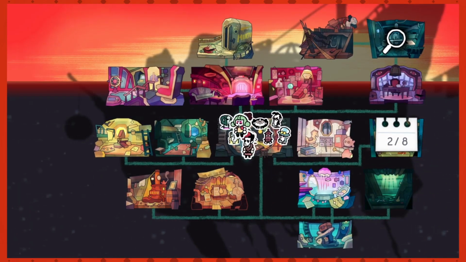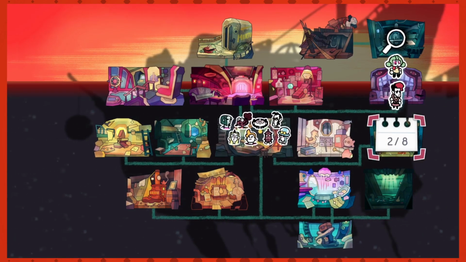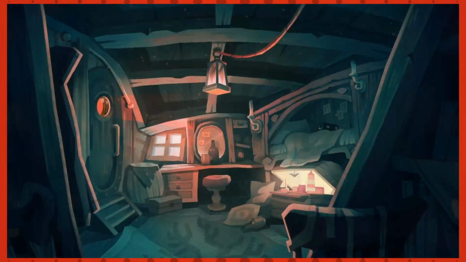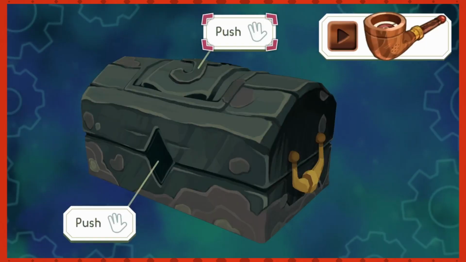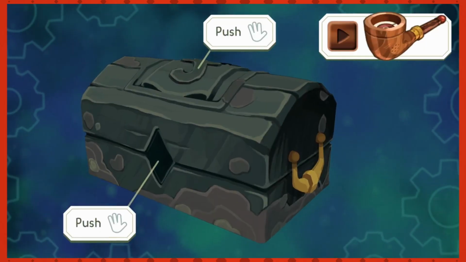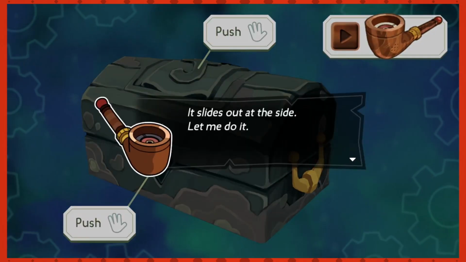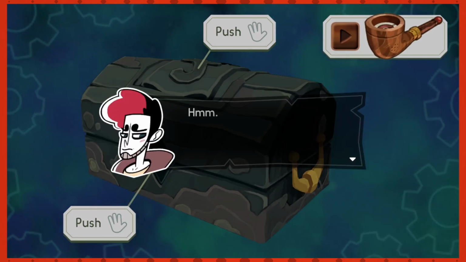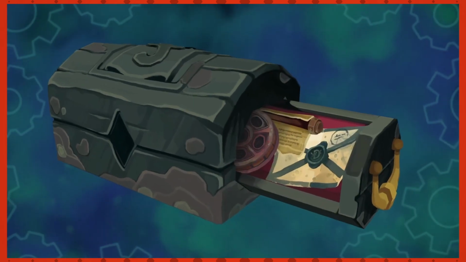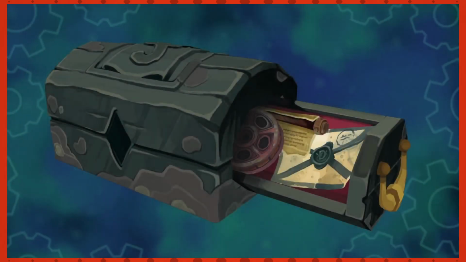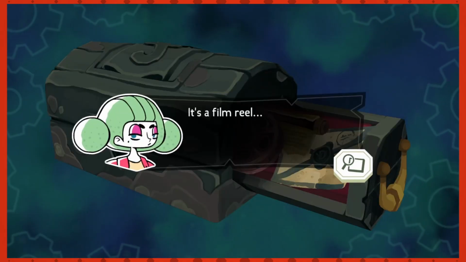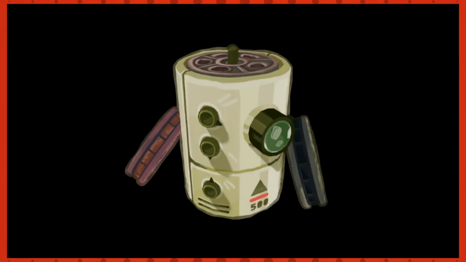So up here then. 2 out of 8. Maybe there is. Slides out of the side. Push, push. It slides out at the side. There we go. The box that was actually really easy to open. Alright, what did we find here? We found another film. Nice. Put it in the projector. Yeah.